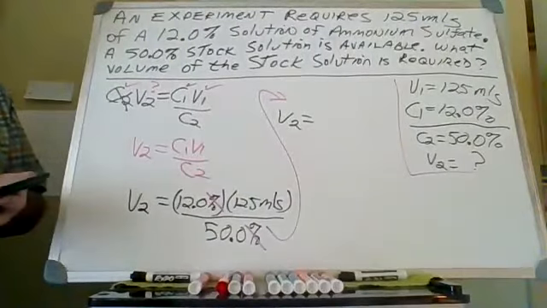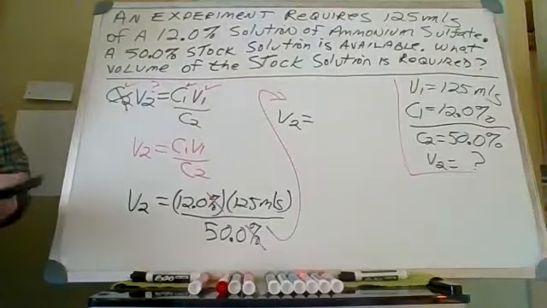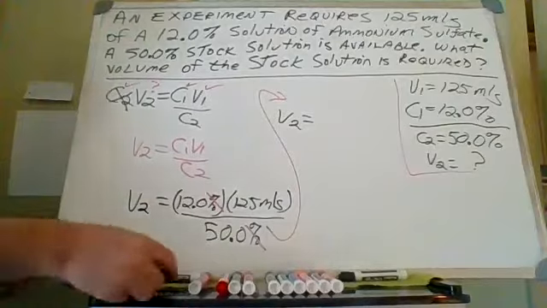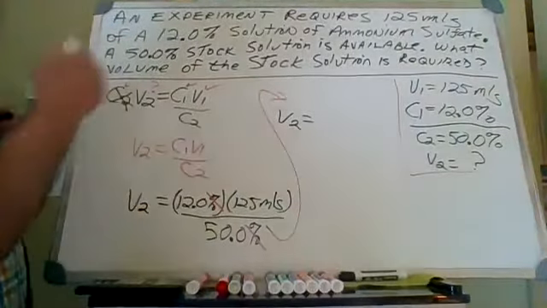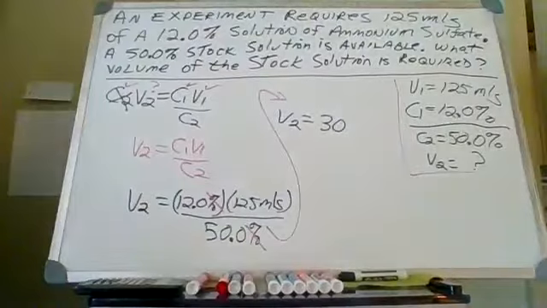So 12.0 times 125 equals, divided by 50.0 equals. Put that into memory and do it again: 12.0 times 125 equals, divided by 50 equals. So I get 30. My calculator shows 30.